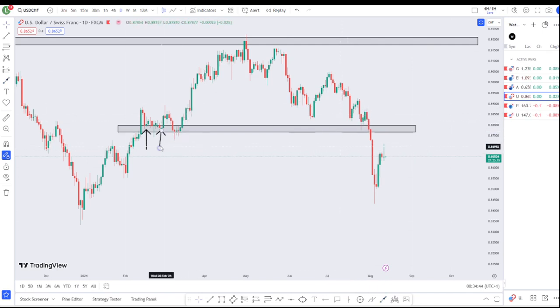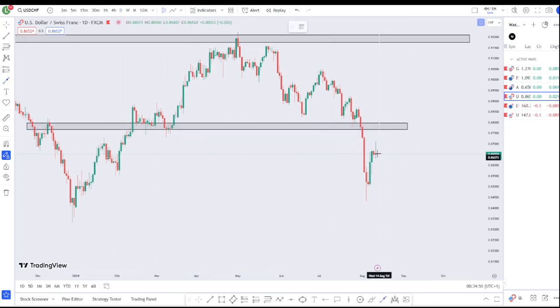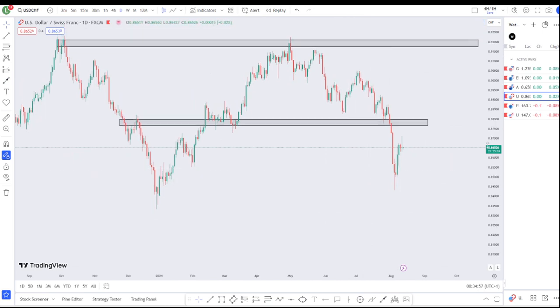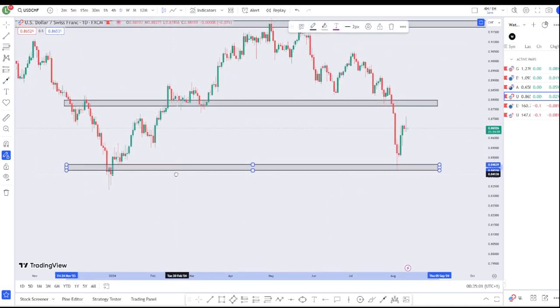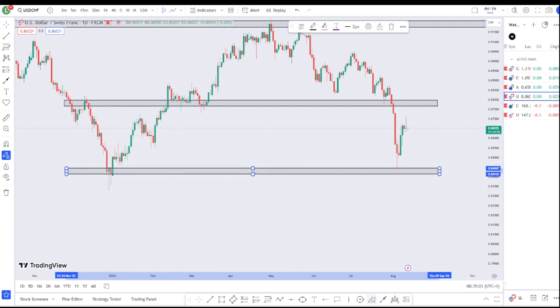I was able to spot the price action reaction around this key level zone. The moment the price broke out of this key support zone here, that gave me the confirmation that the next target is going to be around this support zone here.